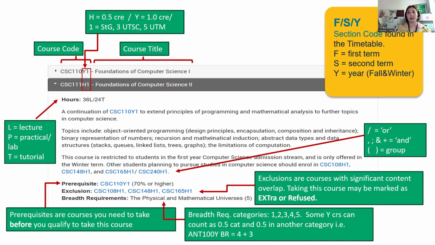In addition to the course code, in the timetable builder you will find another code called the section code, which indicates whether the course is offered in the first term, second term, or throughout the year.